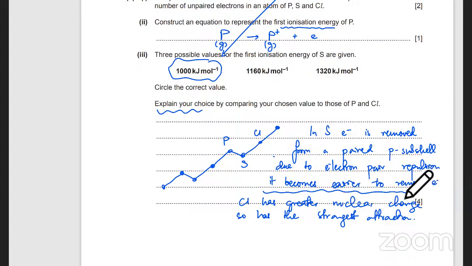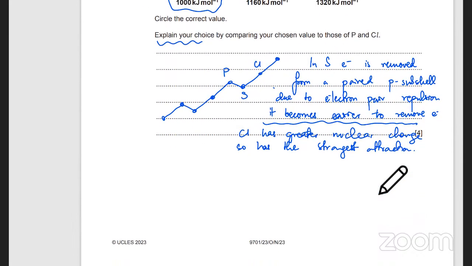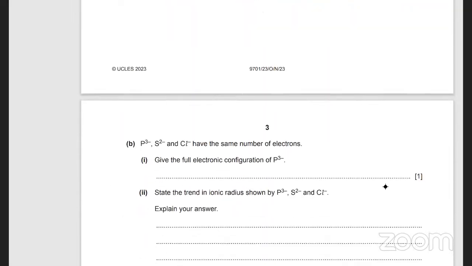I think easier to remove electrons kind of translates into having lower attraction. ठीक है, बल्कि लिख देना चाहिए it's less attracted. ठीक है, is that clear? Yes. ठीक है, so we explained the dip. Why is it dipping? But why is Cl higher? Because it's got greater nuclear charge.